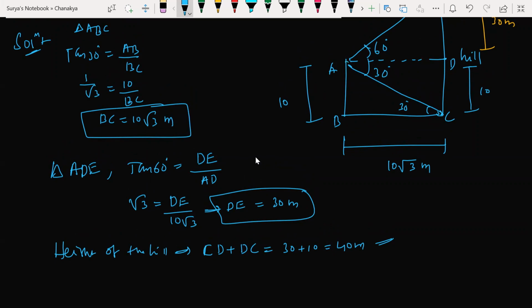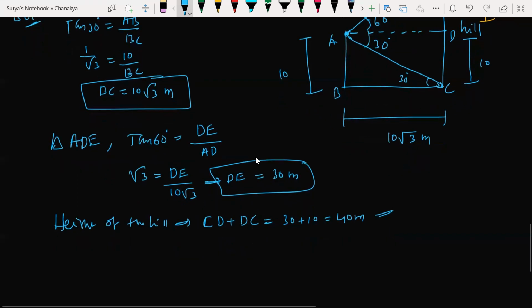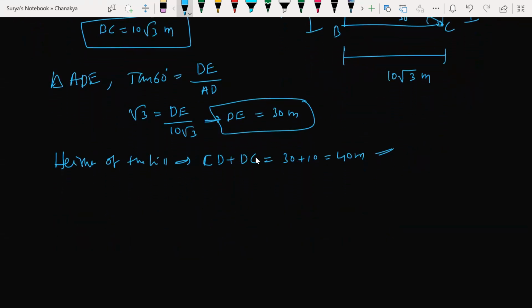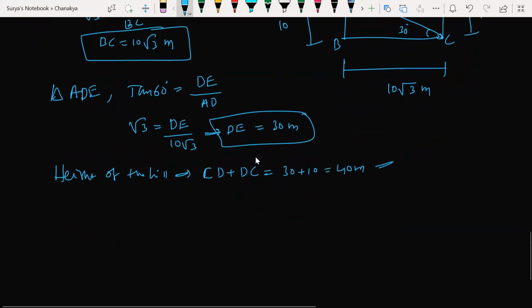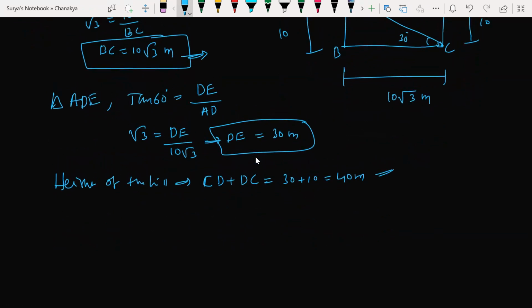Where is my ship here? See, somewhere here, and this is the end. So 10 root 3 is nothing but 10 into 1.732, which gives you 17.32. Am I correct?